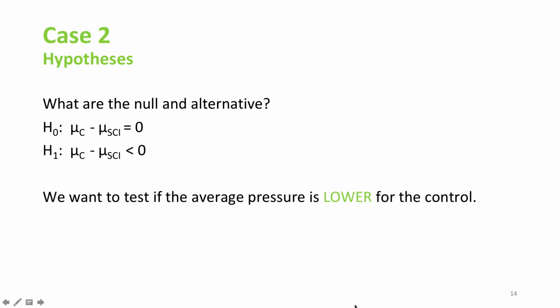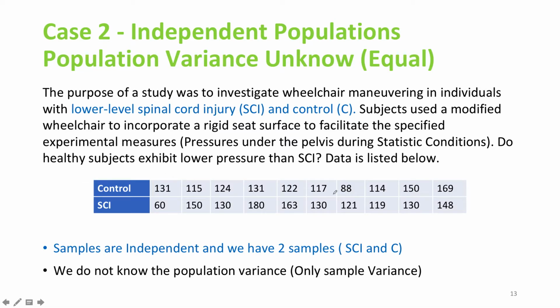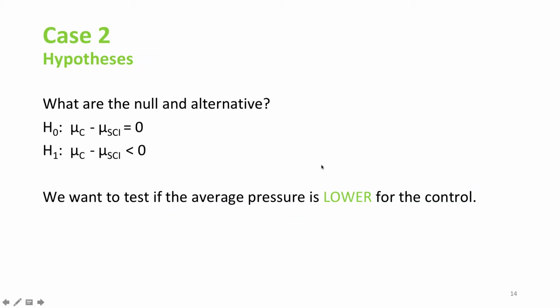So now we do the hypothesis. What's the null and what's the alternative? So this is null and this is alternative. We want to test if the average is lower for the control. Do the healthy subjects exhibit lower pressure than SCI? Right, healthy is lower.